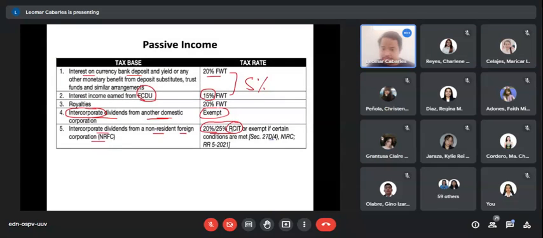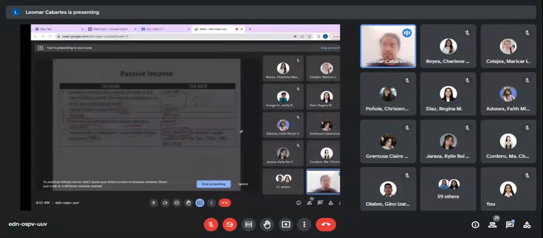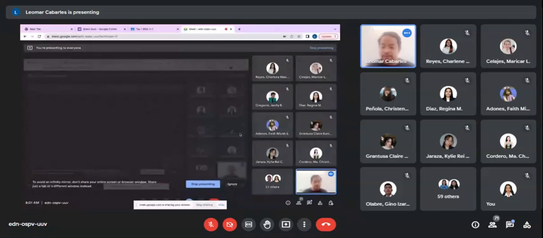Yan, okay? So anong gagawin mo kung ikaw si Jollibee? Do you still declare that on your ITR or hindi na? What's your answer? Do you still declare that or hindi na?